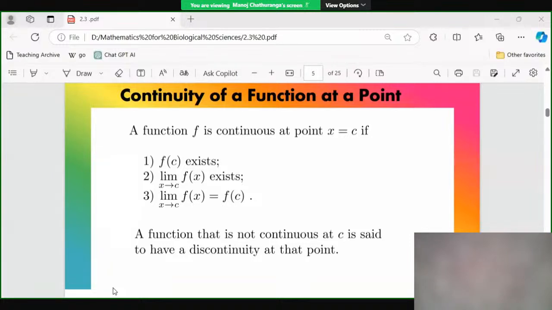Last time, meaning yesterday, we saw what happens if the two-sided limits are different, and what happens if the two-sided limit is different from the function value. In those cases, we have a discontinuity in the graph.